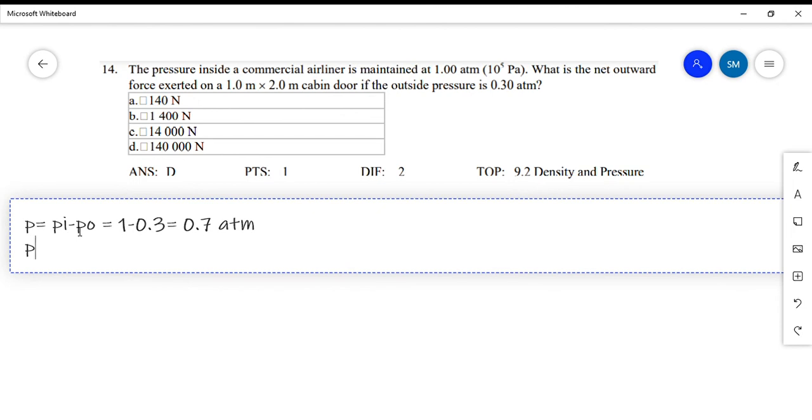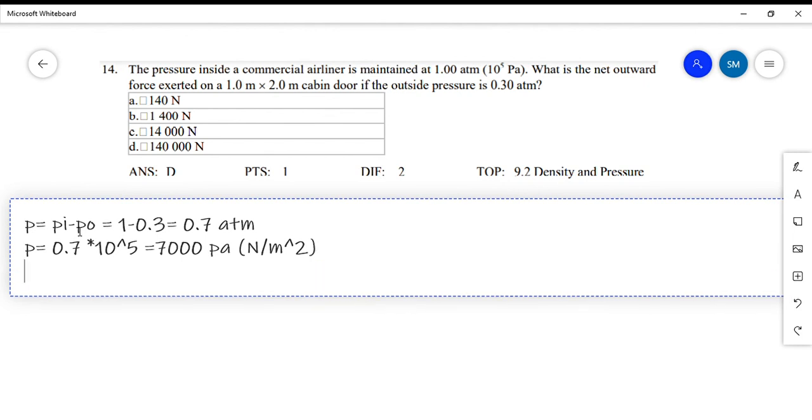So pressure is equal to 0.7 times 10^5, which is equal to 70,000 Newton per meter square. This is the pressure.